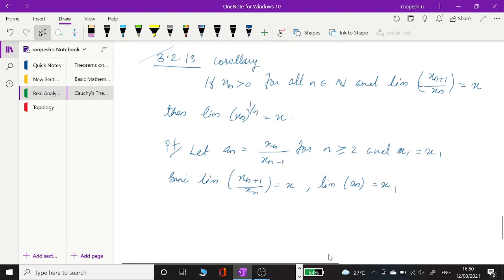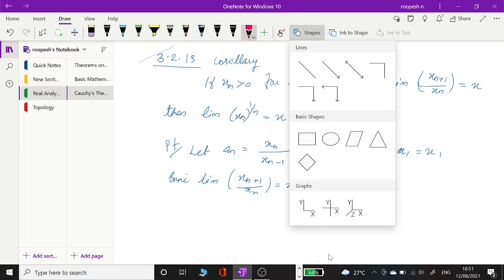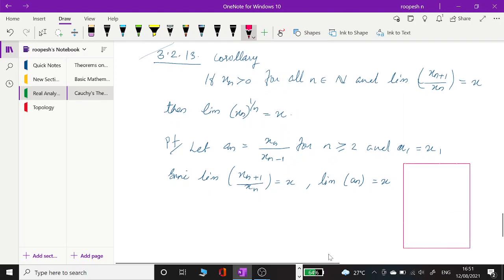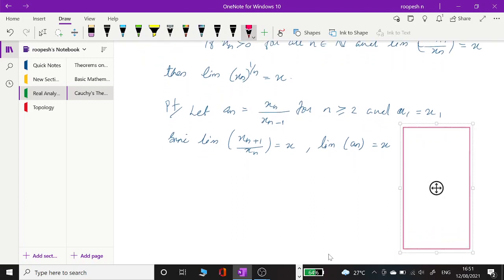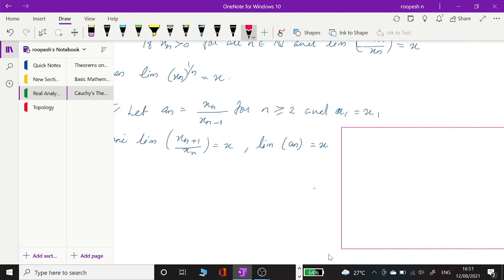So here our sequence is like this. I am having a1 equal to x1, a2 equal to this, following this formula, an equal to xn by xn minus 1.